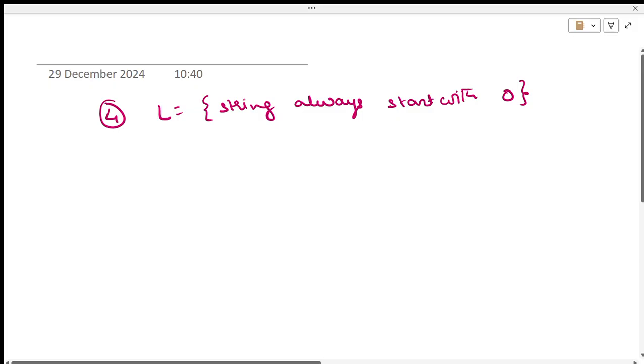Now the next question says that the string starts with 0. What is the regular expression for this? Starts with a 0, followed by any number of 0s or 1s. We'll start with Q0. It is not accepting a null string, so I will not make the initial state the final state.